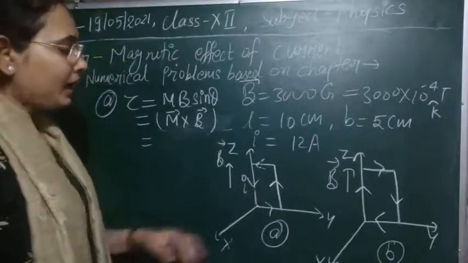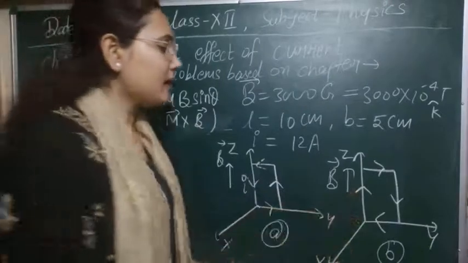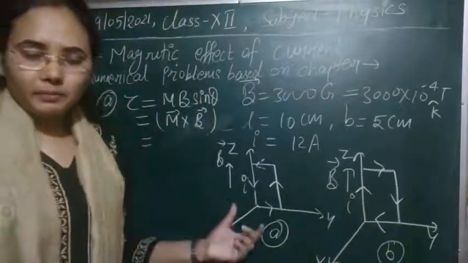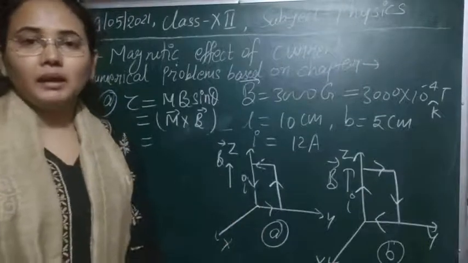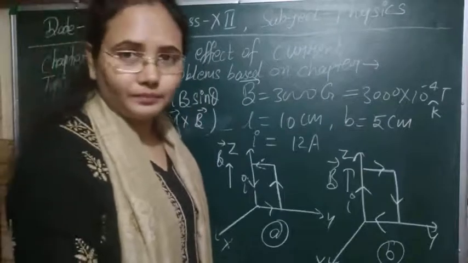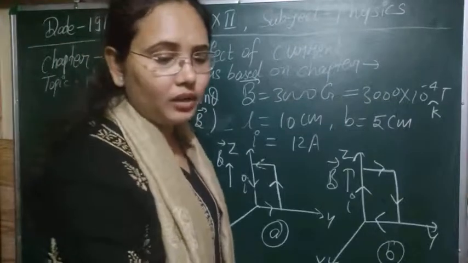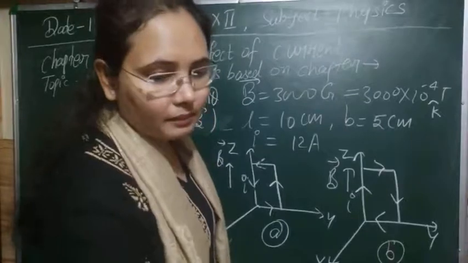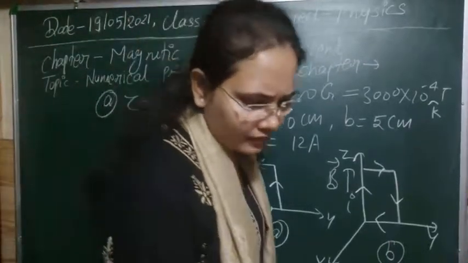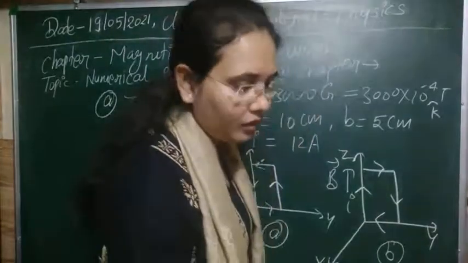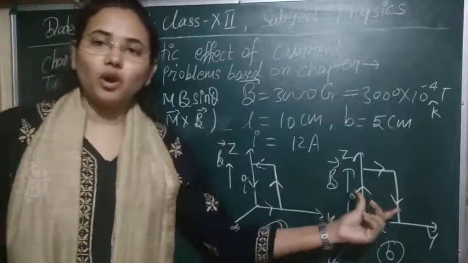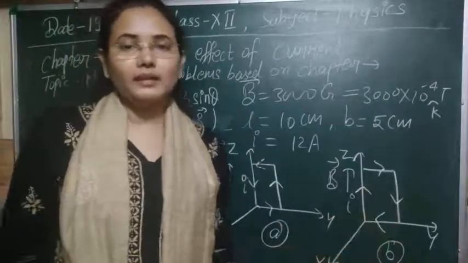And as in both cases the currents are in opposite directions, in one place it will be plus x and in the other it will be minus x. How can we find in which case it is positive and in which negative? If it is anti-clockwise, then it is positive; if it is clockwise, it is negative. Just take that.